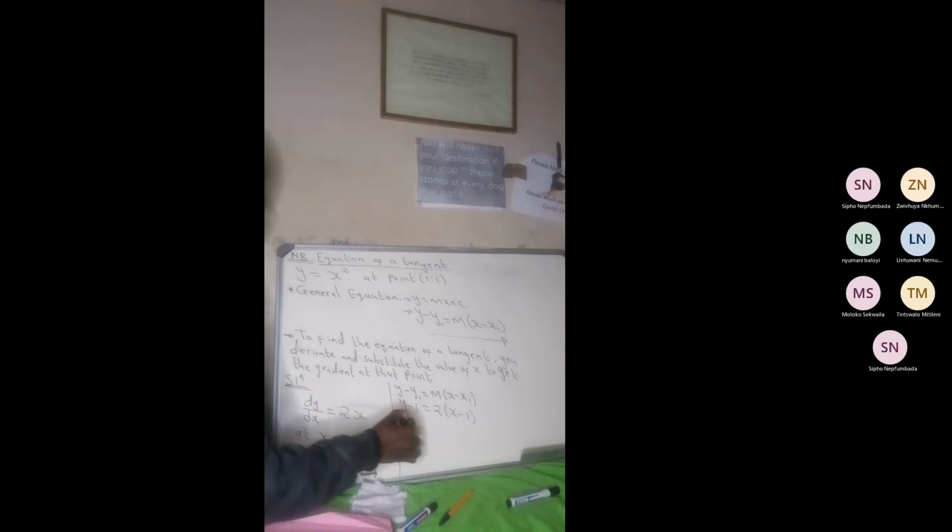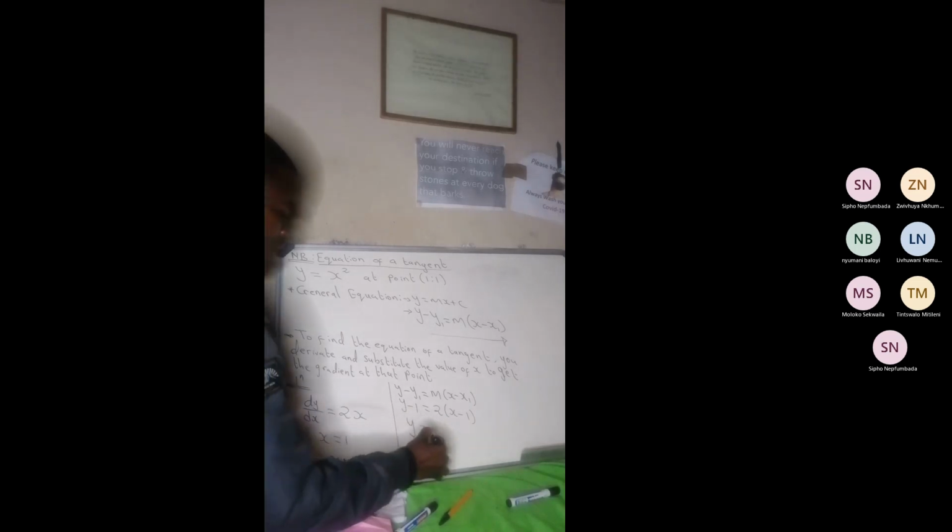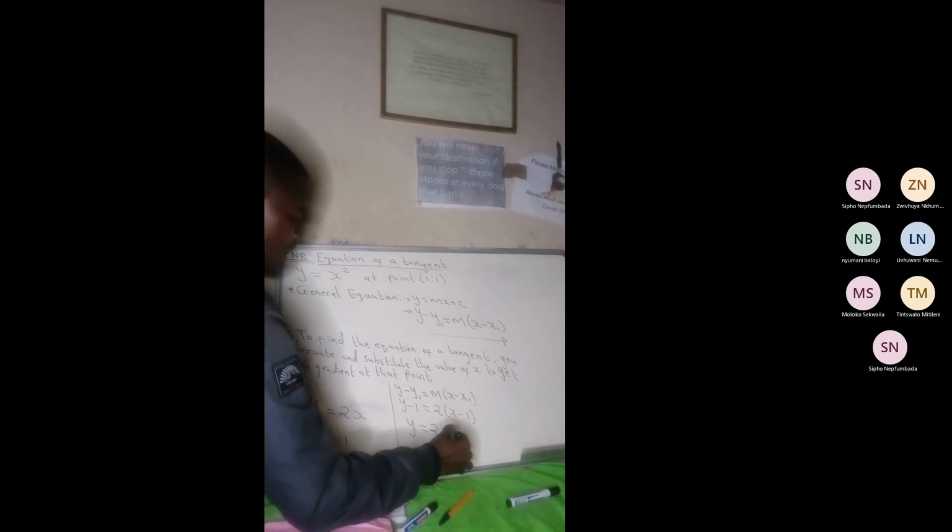If your mathematics is good, you get y is equal to 2x minus 1. This is the equation of the tangent.